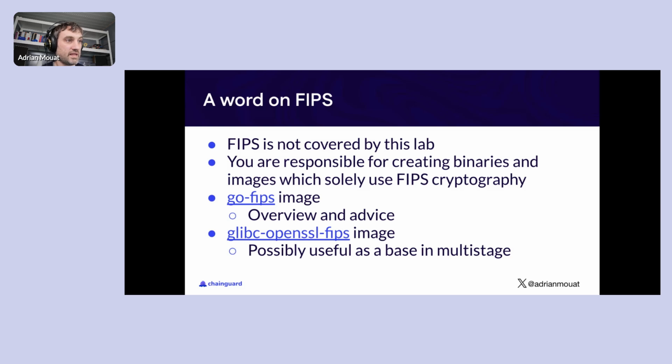And there's also a glibc OpenSSL FIPS image; both of these are commercial images. You can use that as a base as well. So you could use the Go FIPS image to create a binary that runs on the glibc OpenSSL FIPS image. And if you do it correctly, you will end up with a FIPS compliant image. But yeah, please check your work.